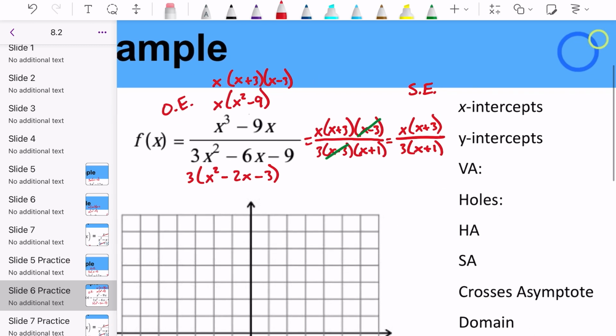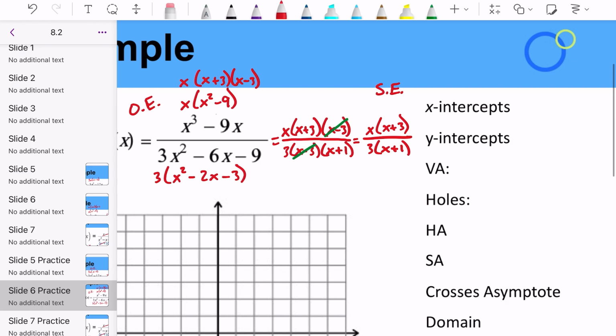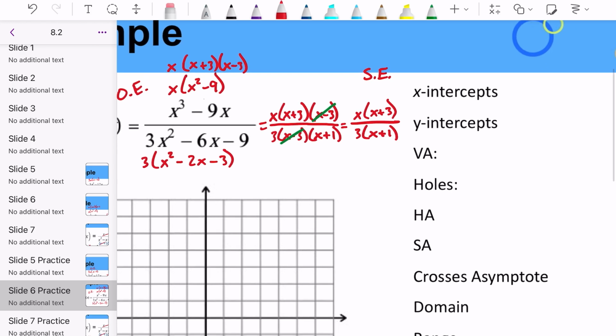Once again, there is an order to doing these problems. Our first thing is to take a look at our domain. Our original equation's domain, remember, would be 3 times x minus 3, x plus 1. This means x cannot equal -1 or 3.